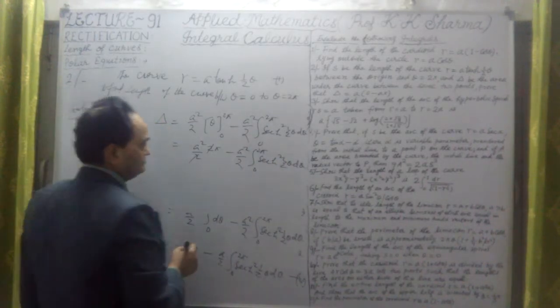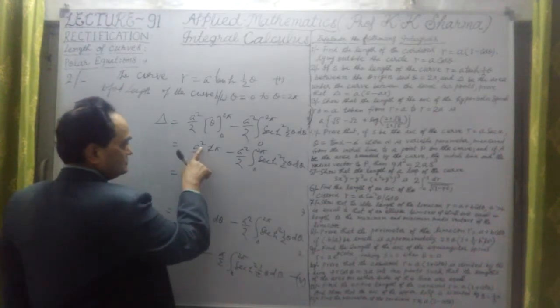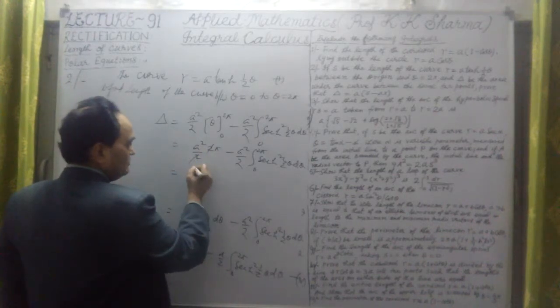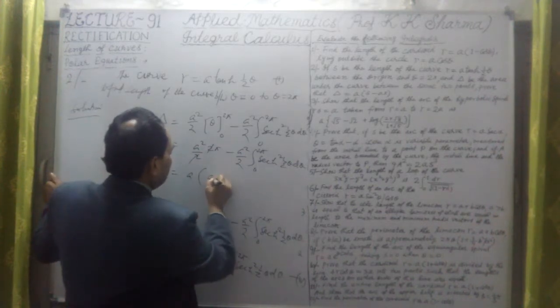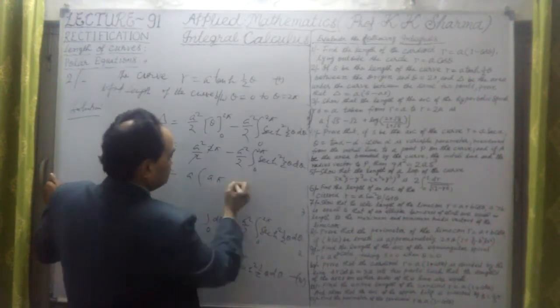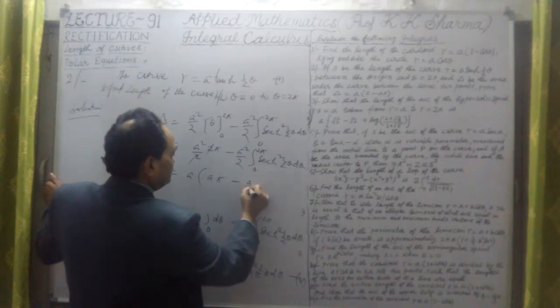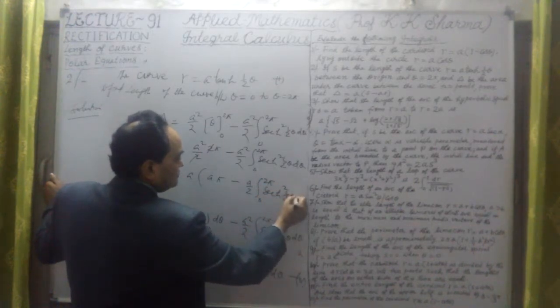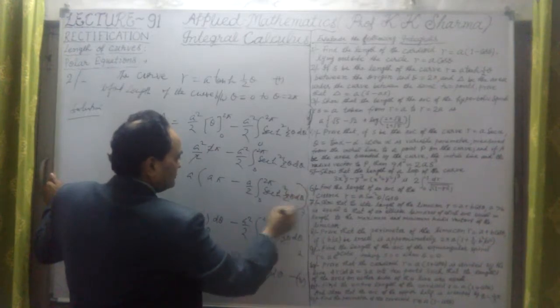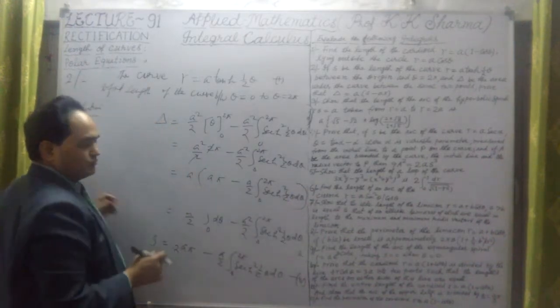Now if I take a common, this is a square pi, it will be a pi here, minus a upon 2 into 0 to 2 pi, sech hyperbolic square 1.2 theta into d theta. A I have taken outside.